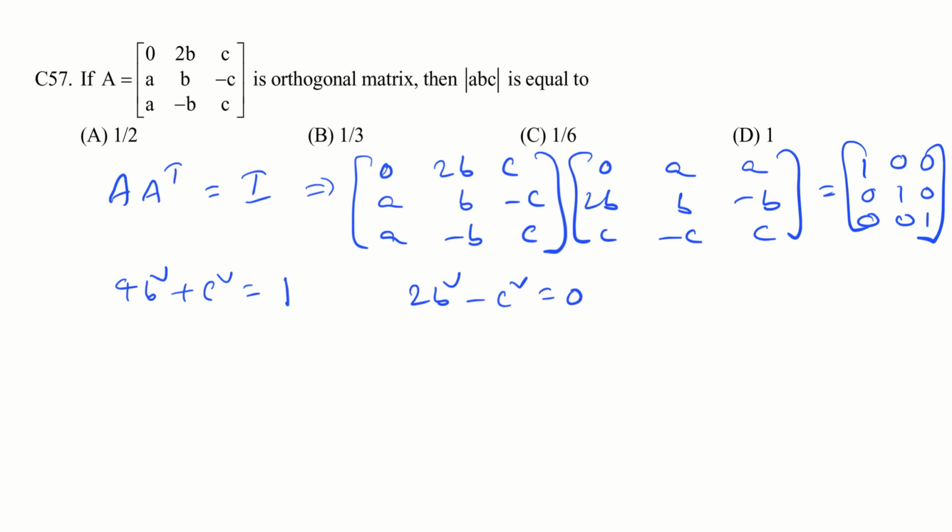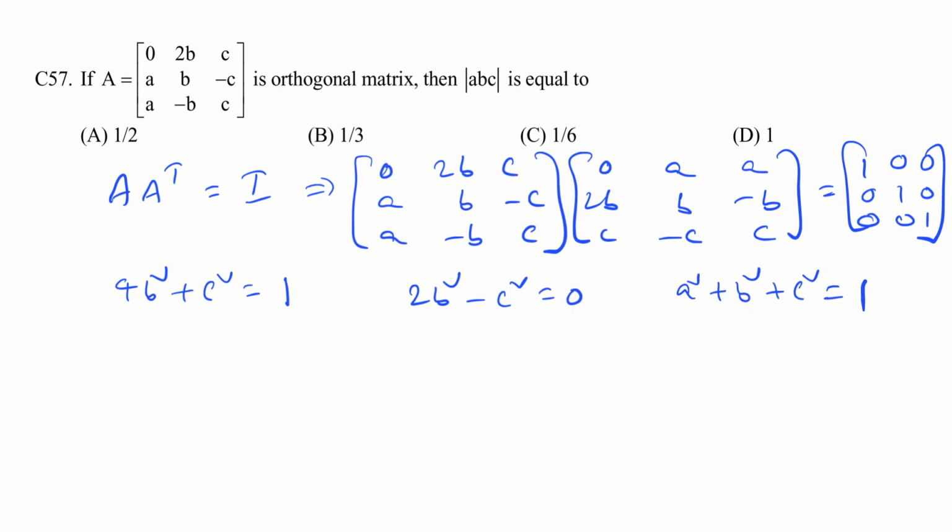Now if I go for the 1 3 entry, again I am getting the same relation. I'm not interested. I'll go for the 2 1 entry, I can see it is the same thing. The 2 2 entry will be a square plus b square plus c square is equal to 1.